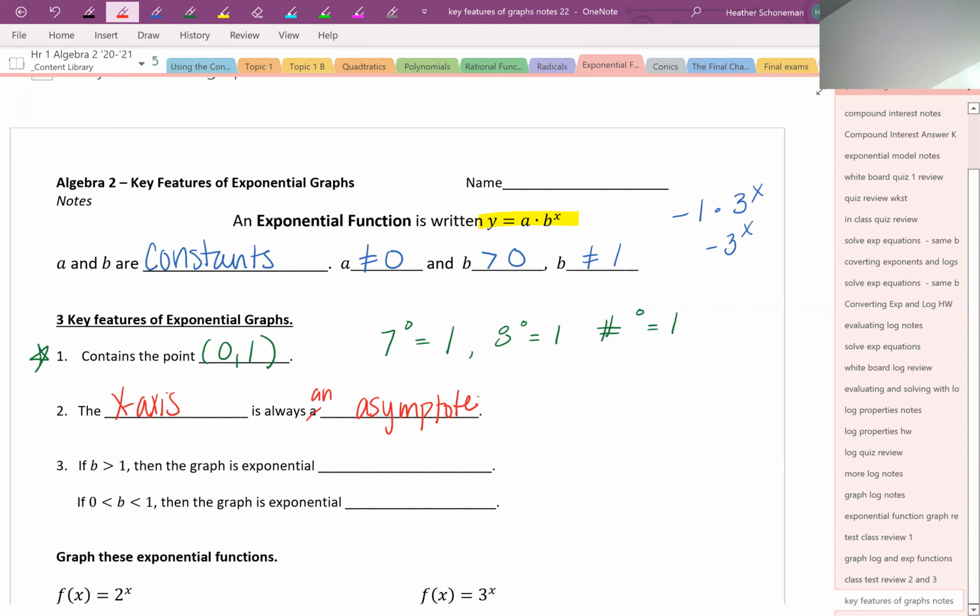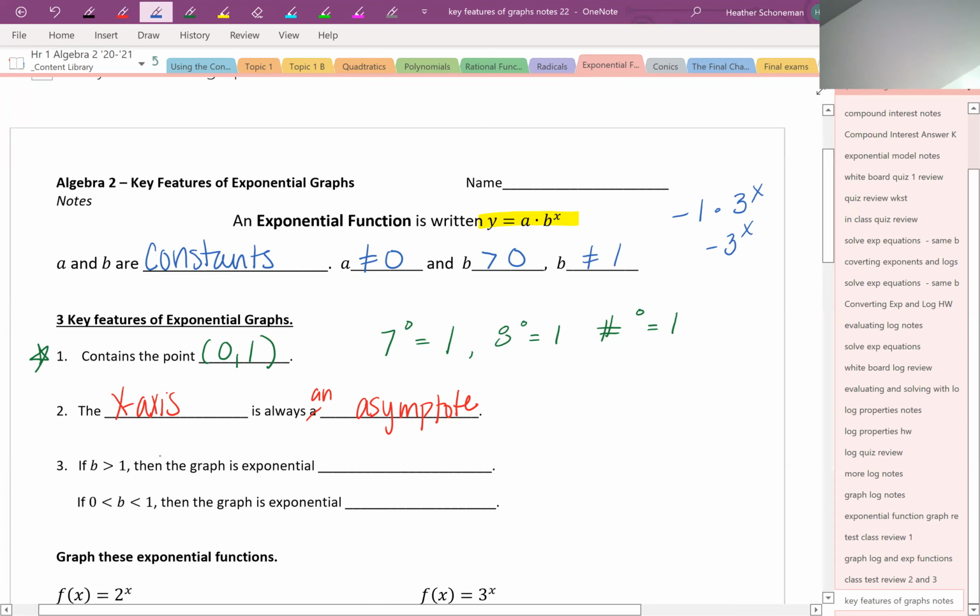Asymptotes are going to be when the graph gets really, really, really close, but doesn't touch. And when you look at these in your calculator, it's going to look like it does touch. And that's because your calculator can't fine tune it enough, but it comes really, really close, but doesn't actually touch that. And we look at some of the points, we'll see that that is true.